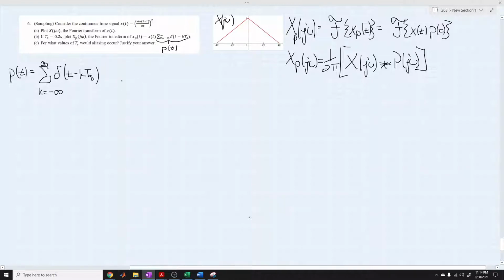So this is just going to give us a bunch of impulses spaced out, and between each one the change in time, delta t, is equal to t sub s. So we'll just have an infinite impulse train, and we can use that to sample our signal as long as it meets the sampling criteria. But we'll get to that.